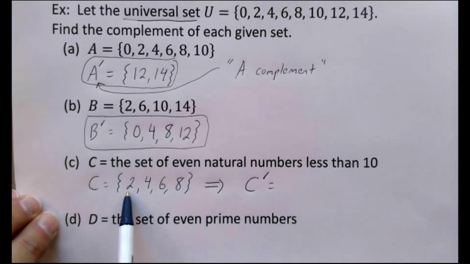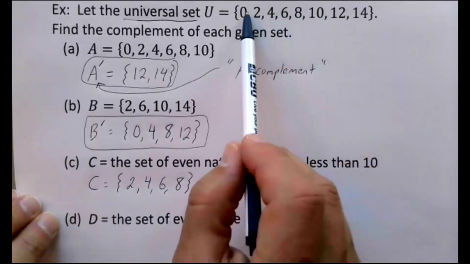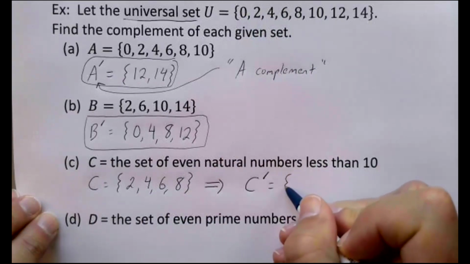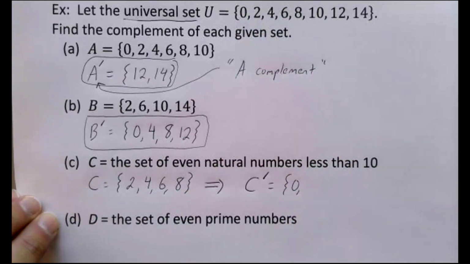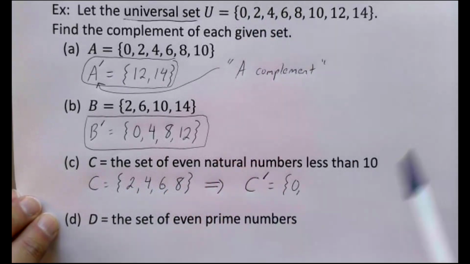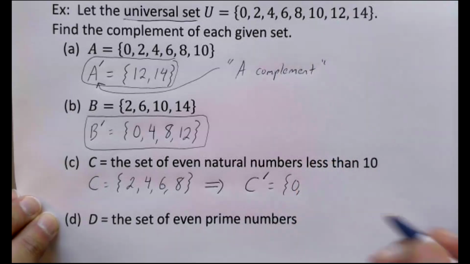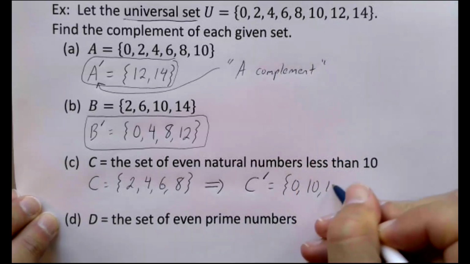So now I'm going to list everything that's not in set C when I compare it to the universal set. So for example, 0 is not in set C, so 0 would be in set C complement. 2, 4, 6, 8, they are in set C, so they're not going to be over here, but 10, 12, and 14 will be over here.